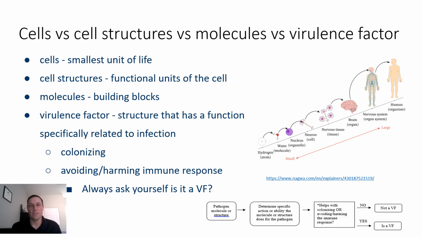If so, what is its virulence action, so that we can characterize these different parts in terms of what they're doing and how it's related to health. Keep in mind, virulence factors will be cell structures or molecules. So it's not a full cell, it's not a full pathogen. It's a part that's carrying out a specific role that's assisting in causing disease.